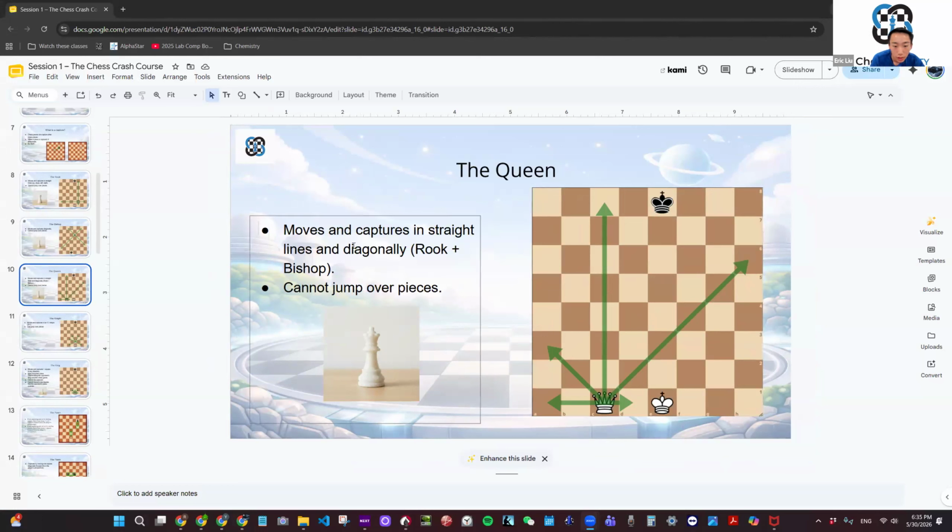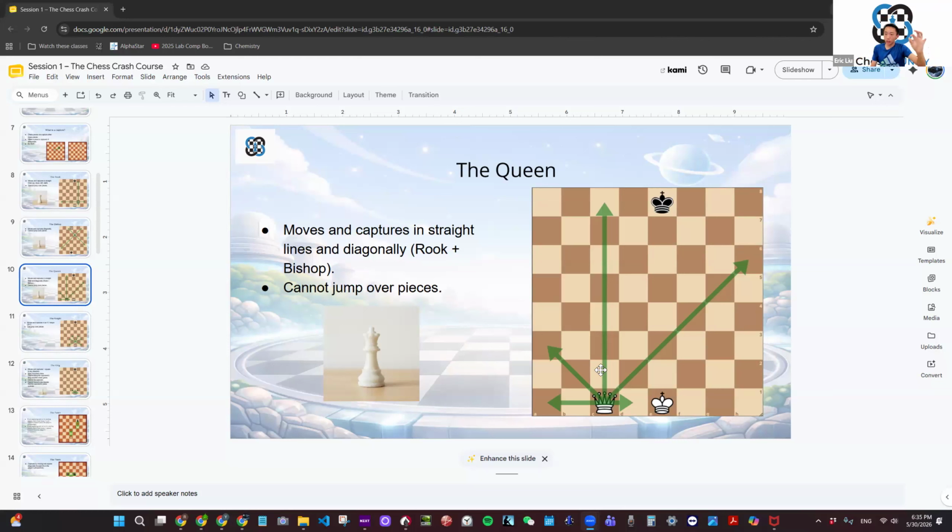So the queen moves and captures in straight lines and diagonally. It moves like a rook and like a bishop, because it can move up, down, left, right, and it can move diagonally. So it's literally just a rook plus a bishop.